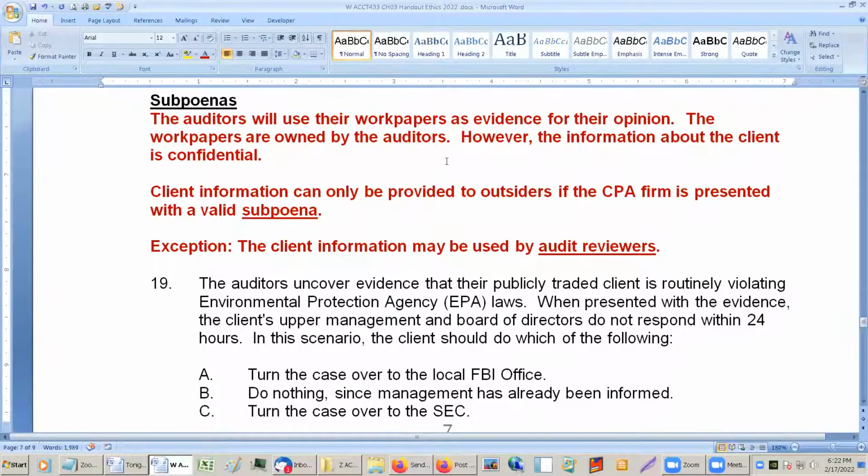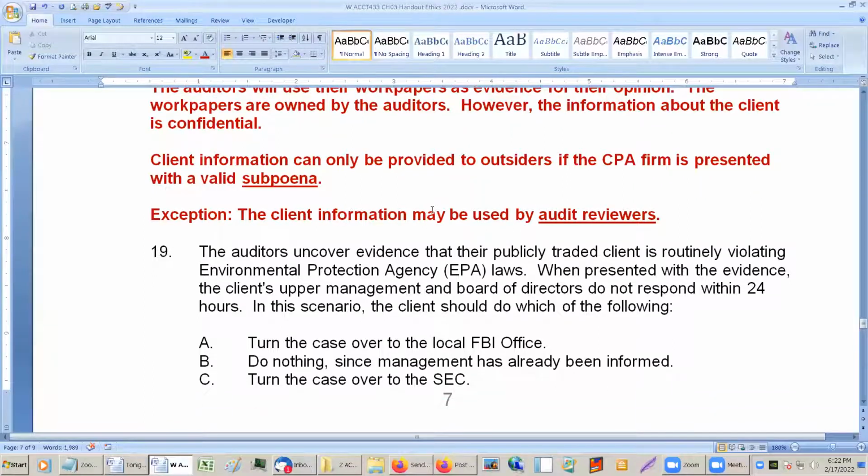It's basically related to the quality of the audit given, and the other people that review the audit also have a right to see the information. Again, not because they have an interest in the client or it's a lawsuit or anything like that, but because it's part of the quality control to make sure the audit is done correctly.